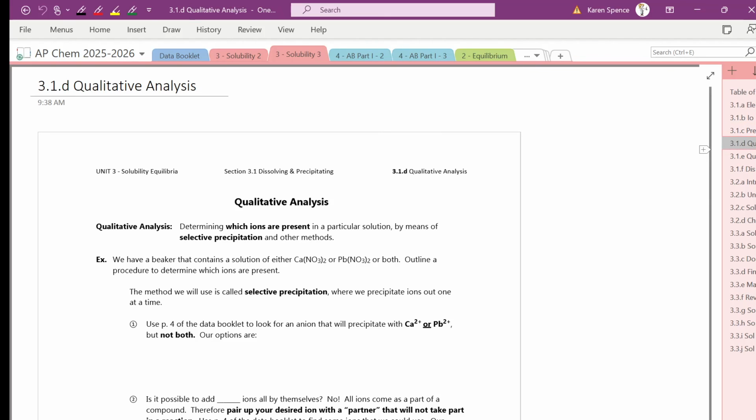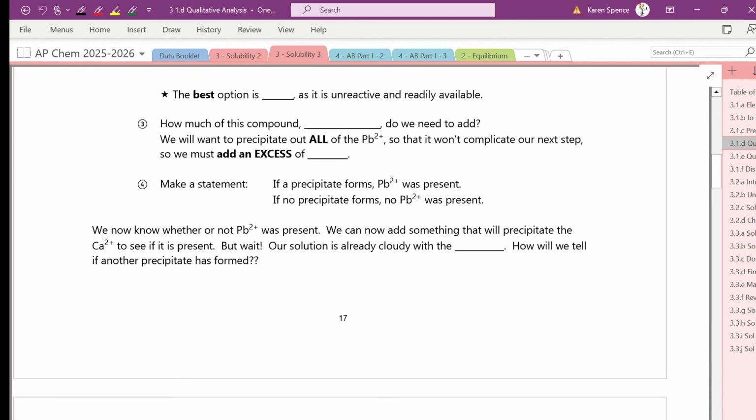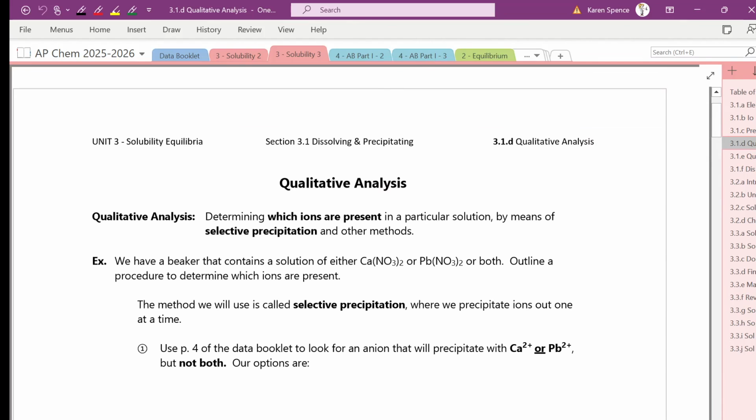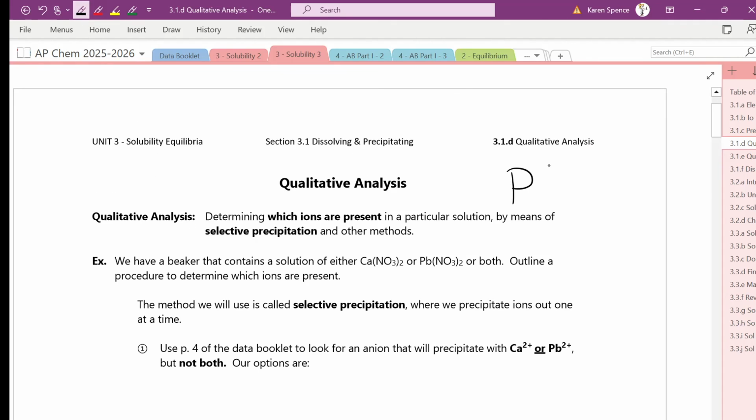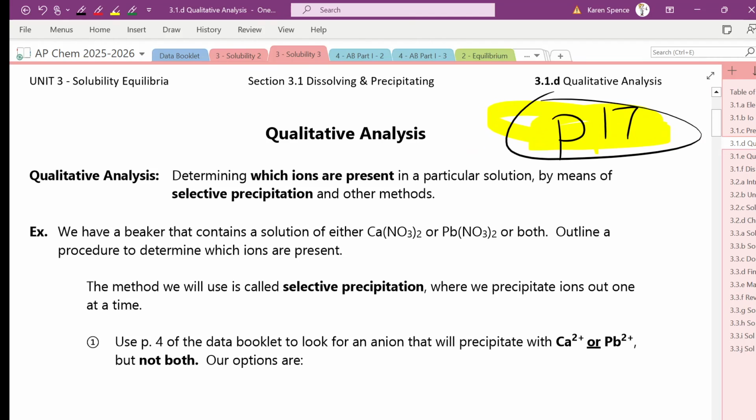And now we're moving on to the stuff that actually is new, qualitative analysis. This is on page 17. In qualitative analysis, we are analyzing a mystery solution.